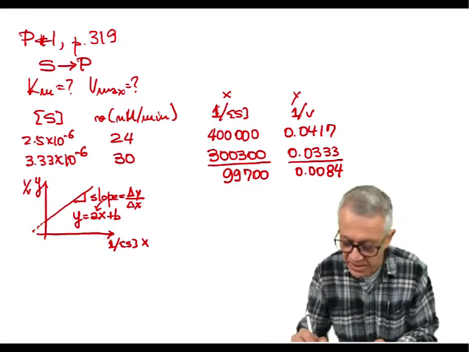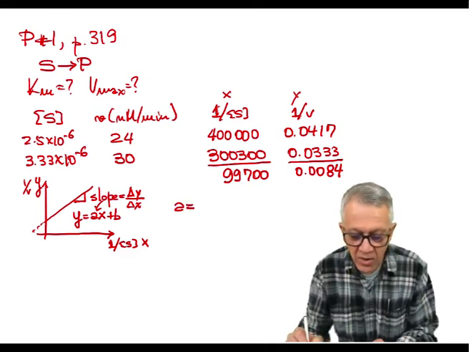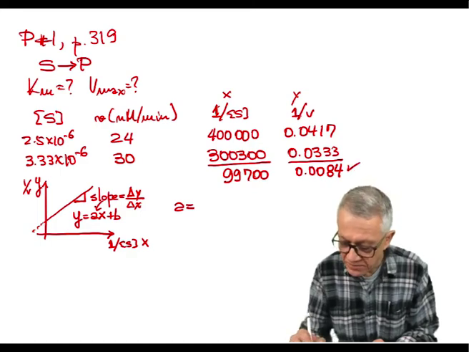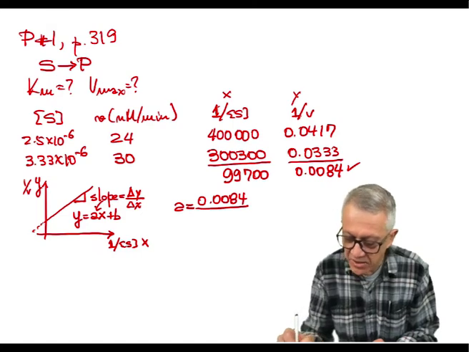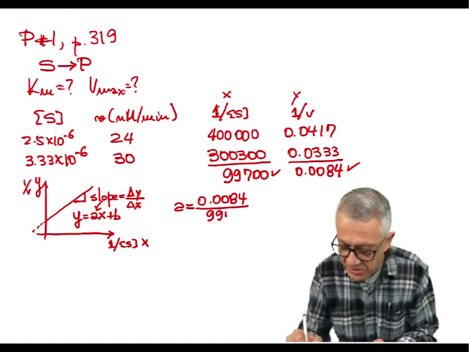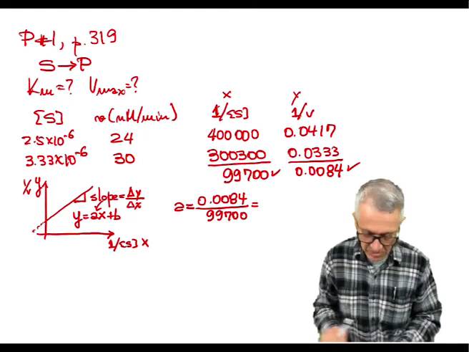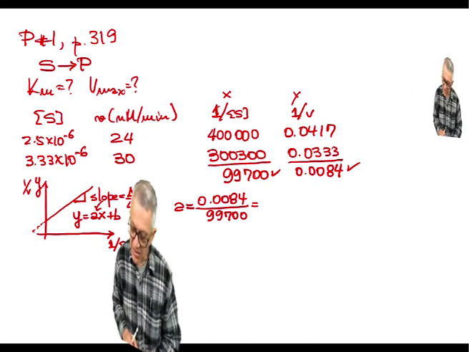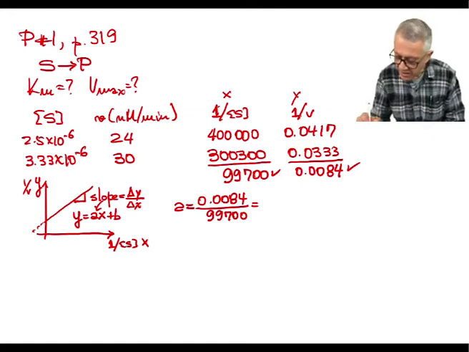So let's calculate what's going to be our slope. Our slope is going to be delta y, which is this value here, 0.0084, divided by delta x, which is this value here, 100,000. If you divide that, we're going to get 8.42 times 10 to the power of negative 8.